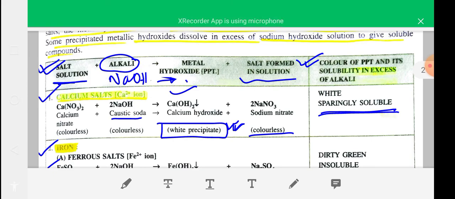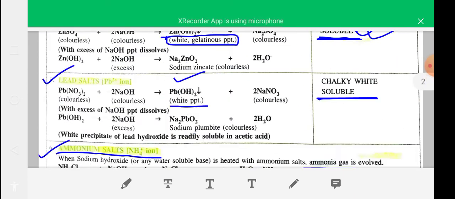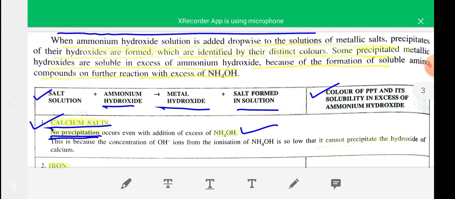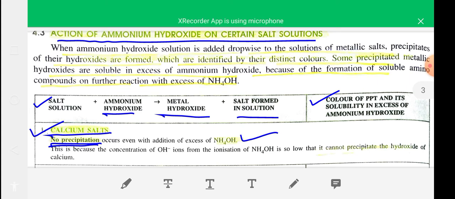So this is the differentiation between ammonium hydroxide and sodium hydroxide. Sodium hydroxide gives a white precipitate with calcium salt, but ammonium hydroxide does not give any precipitate.